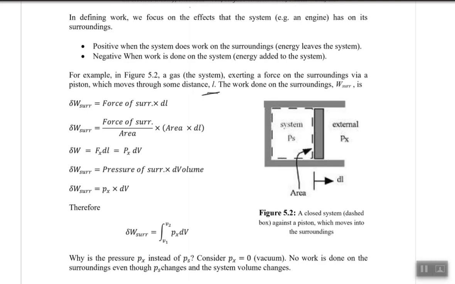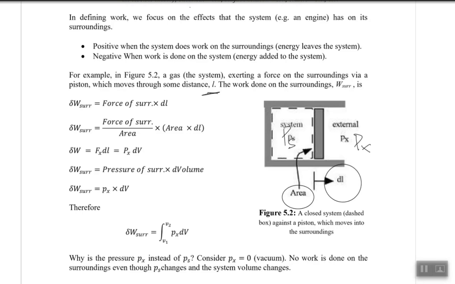Let's say the pressure inside the system is Ps, and the pressure outside the system, the external pressure, I would call Px. The area of the piston is A, and the displacement is dl.